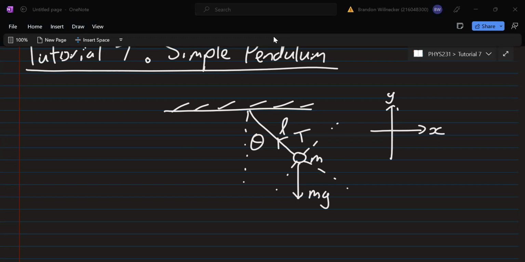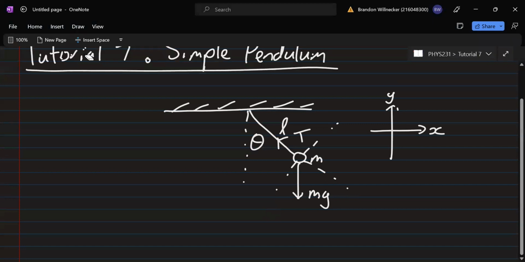We say that this is our radial direction, because it's going radially from the point of contact with the ceiling. And then we have our angular direction that will either increase or decrease our theta value. That's how we need to view this.